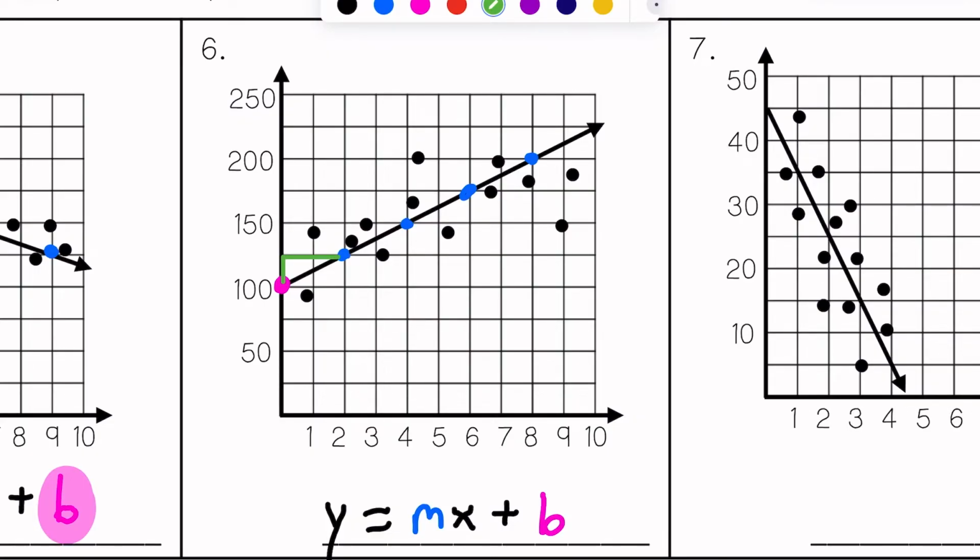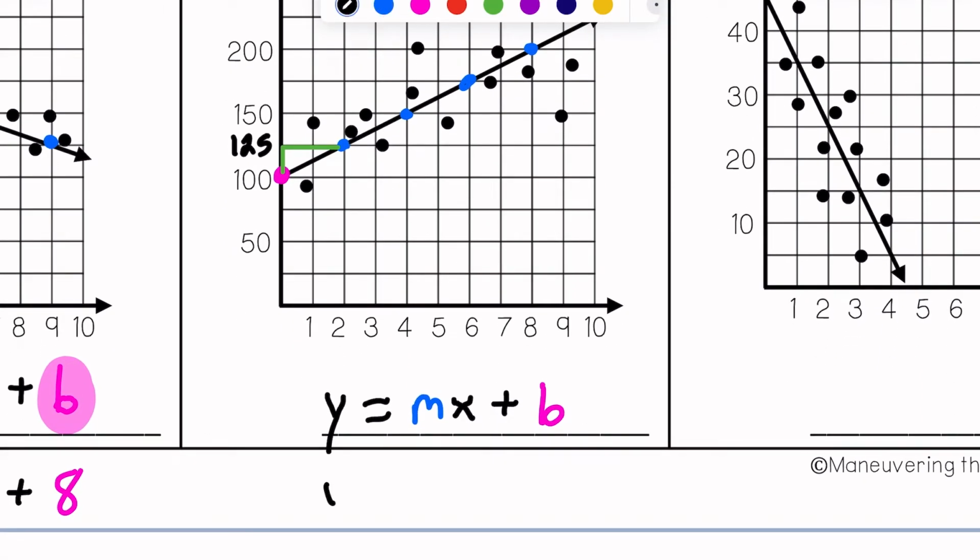And when I go to the right, that is still going to the right 2 units because the x-axis is still going up by ones. So y equals my slope was up 25 to the right 2, so 25 over 2, x plus 100. I left it as 25 over 2 because I can't simplify that. I would have gotten a decimal, 12.5, so I just leave it as a fraction.